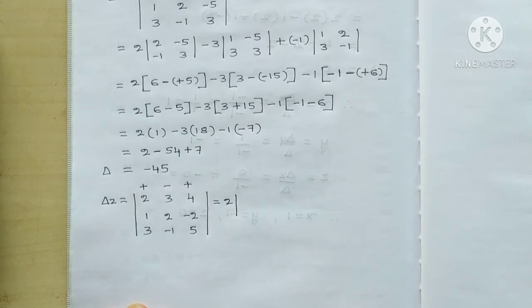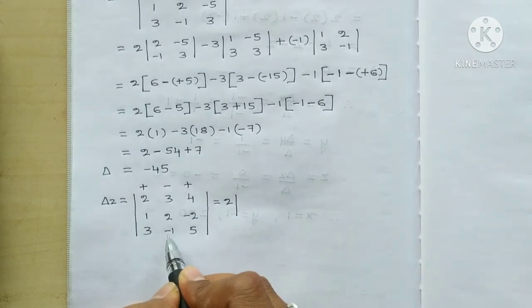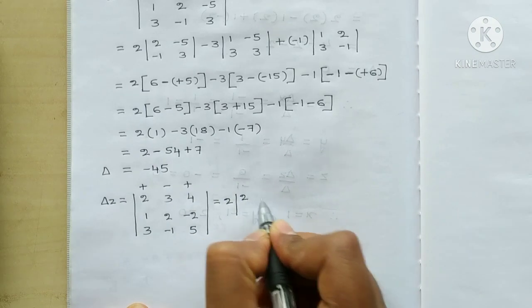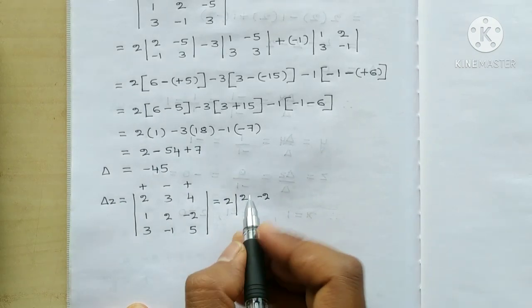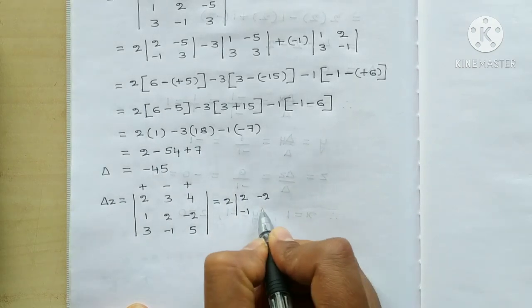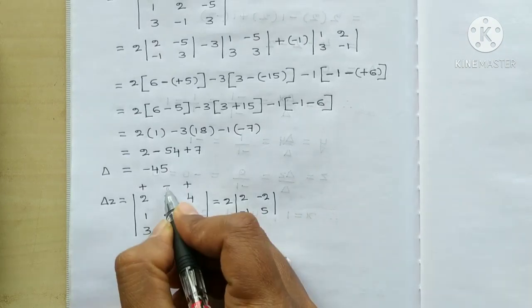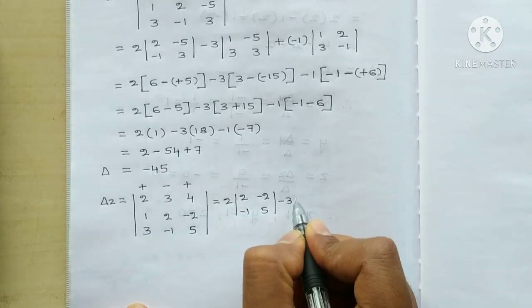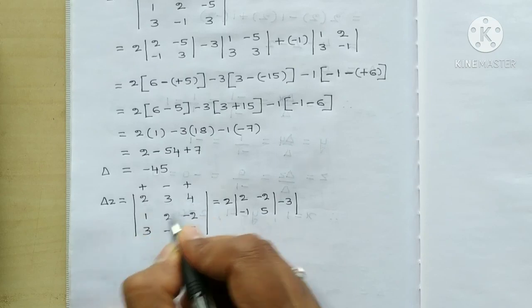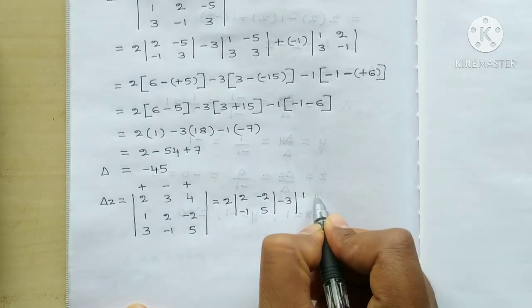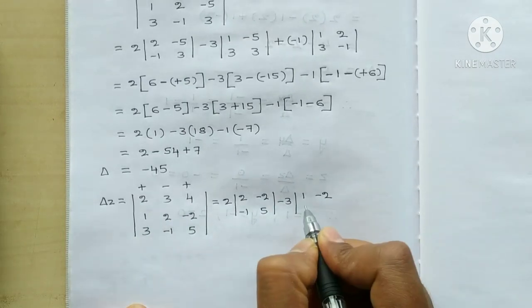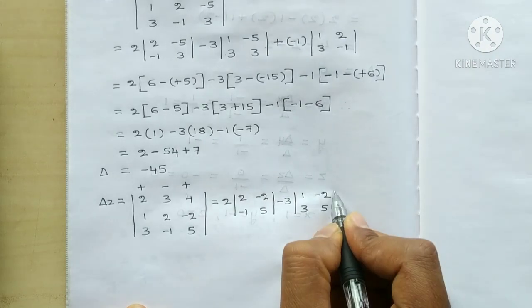So delete that column, that row. So 2 minus 2 minus 1 5. Next, minus 3, delete that column, that row. 1 minus 2, 3 5.